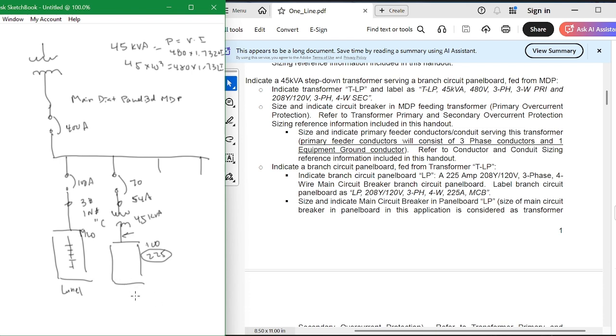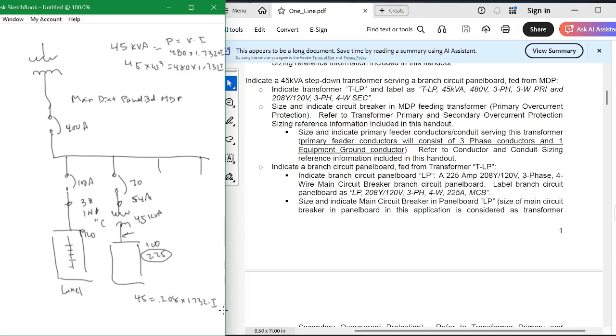Well, 208 is your primary voltage. So basically it is what? 45 kVA is equal to 0.208 times 1.732 times I. So what is that I? 45 divided by parenthesis 0.208 times 1.732 parenthesis equals 124, which is right at 125.